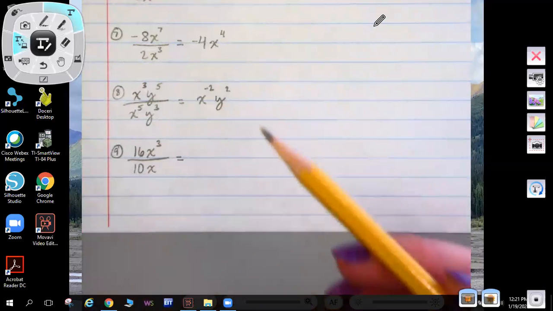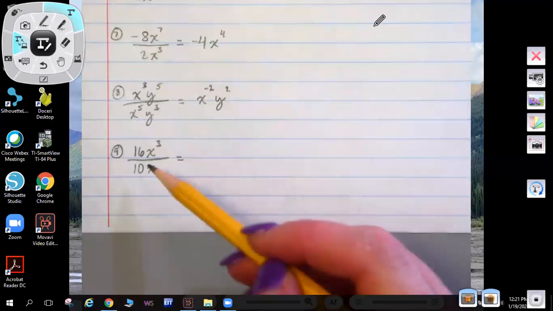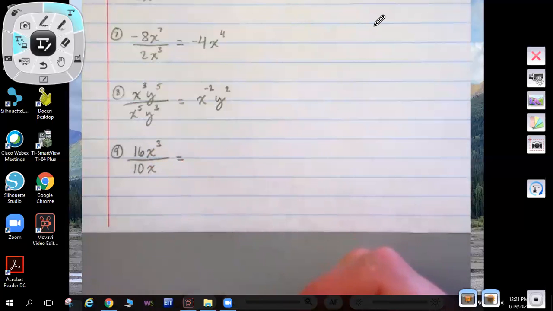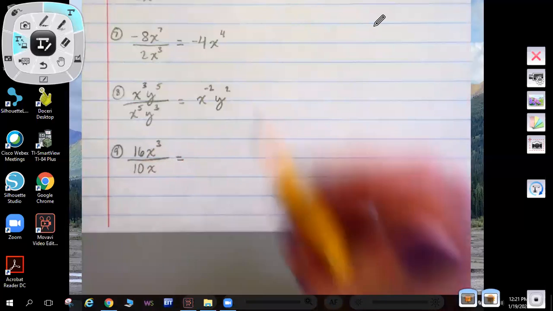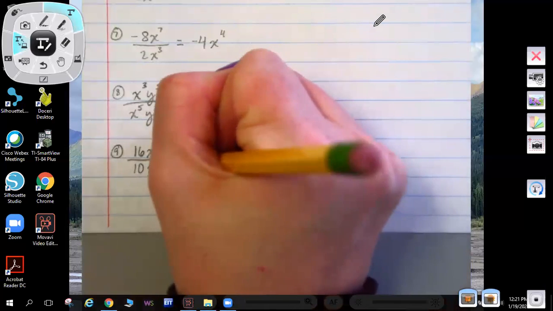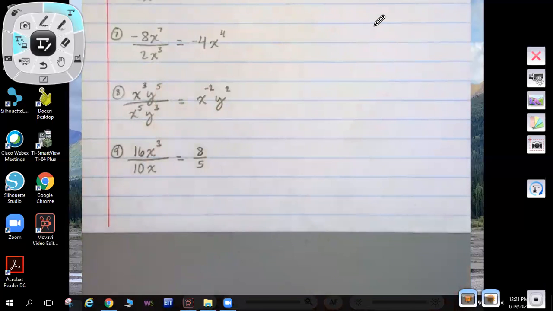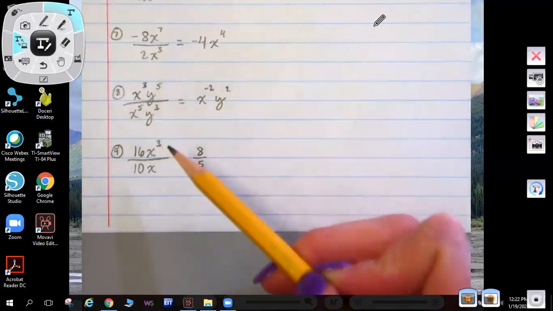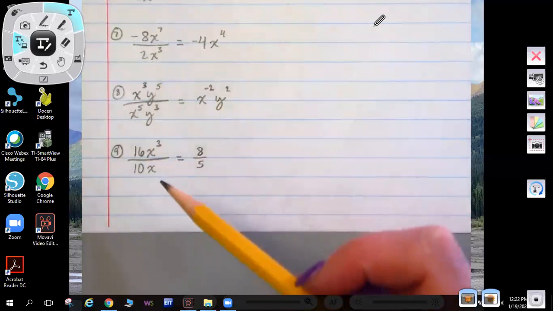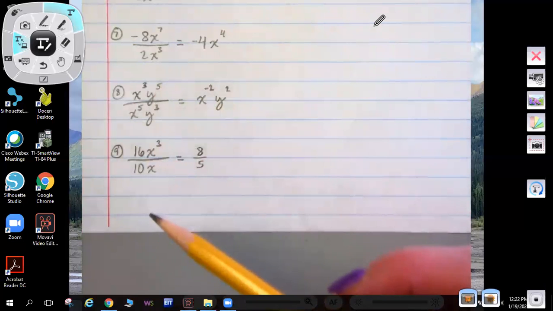And I don't want us to write a decimal. So instead, I just want you to simplify the fraction. So 16 over 10 can simplify to 8 over 5. So 8/5 is our new coefficient. Just don't like decimals.